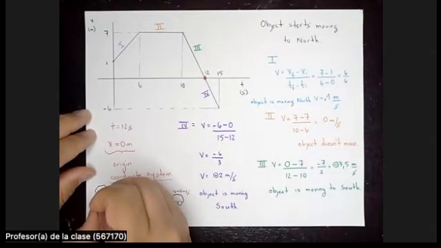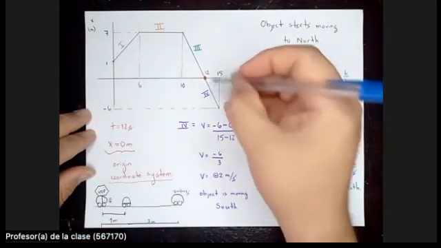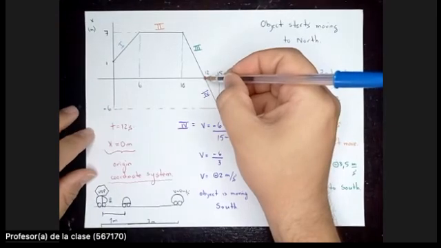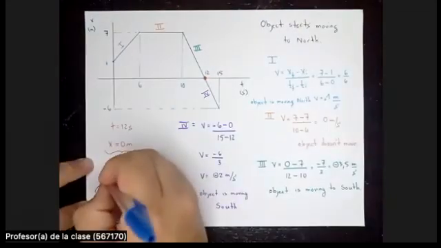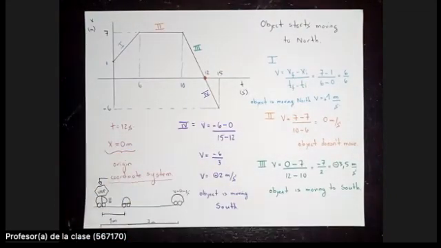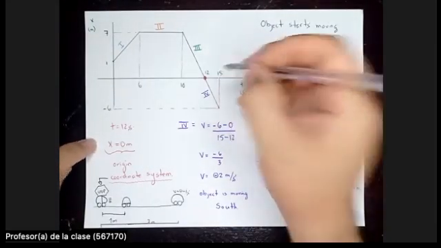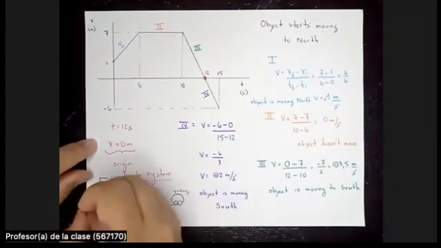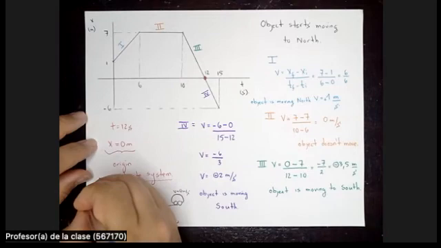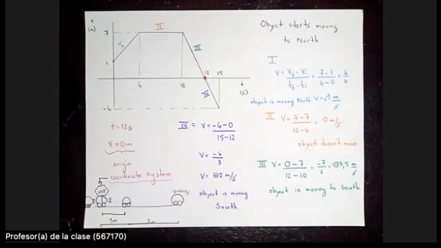So here the car is at the stop sign at 12 seconds. That is a position equal to 0, because this is my coordinate system, the stop sign. And then for the next 3 seconds, the car continues moving to the south. That is the interpretation of the entire graph.